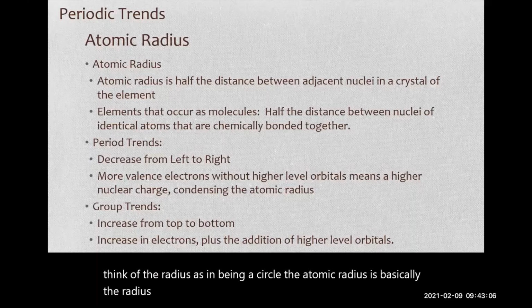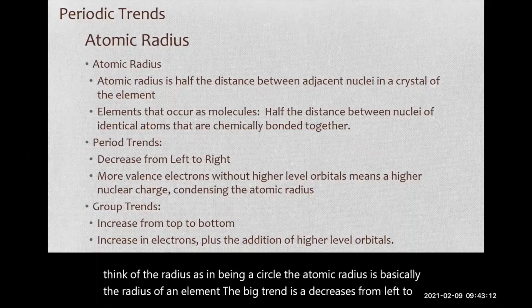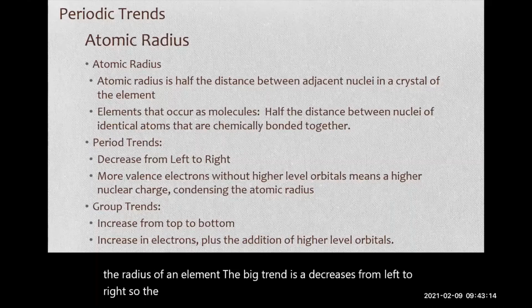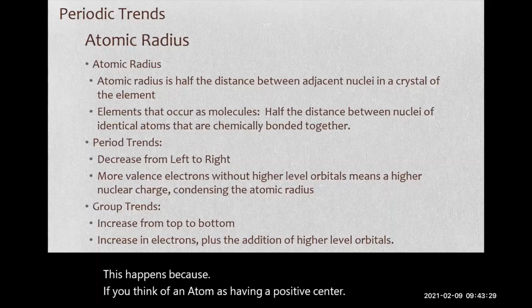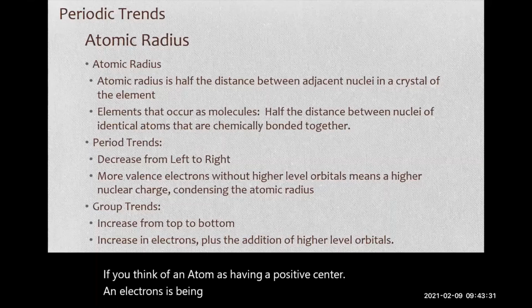The big trend is it decreases from left to right. So the radius gets smaller the closer you get to the halogens. This happens because if you think of an atom as having a positive center and electrons as being negative, when you have positive and negative, they're like magnets.